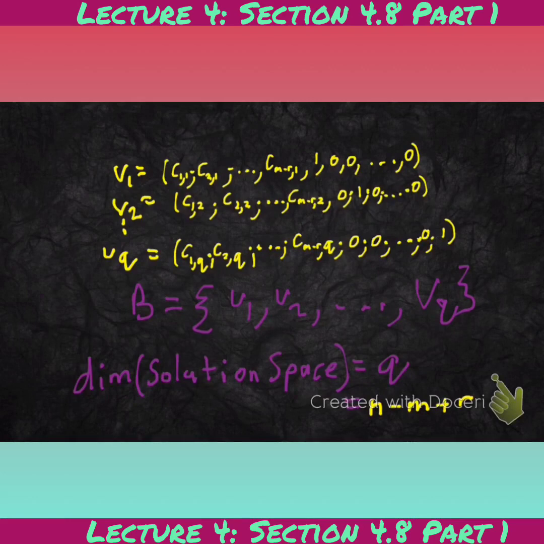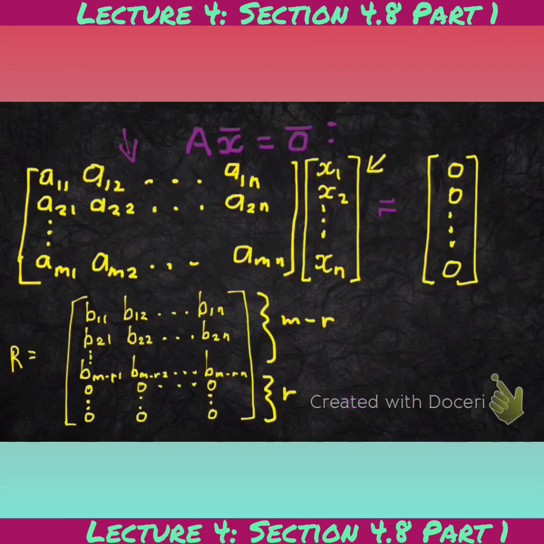Okay, so let's just go back to our original system. Looking at our original system and the reduced row echelon form, what was the rank of the matrix A again?